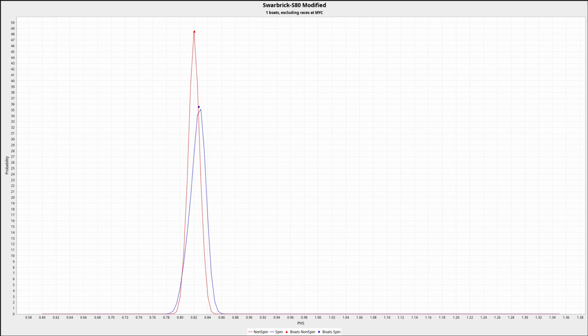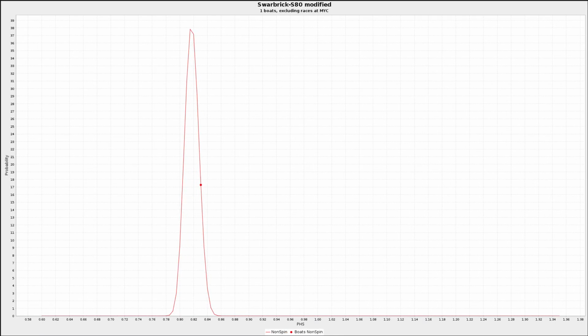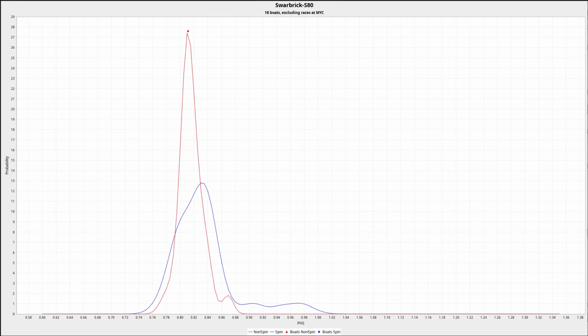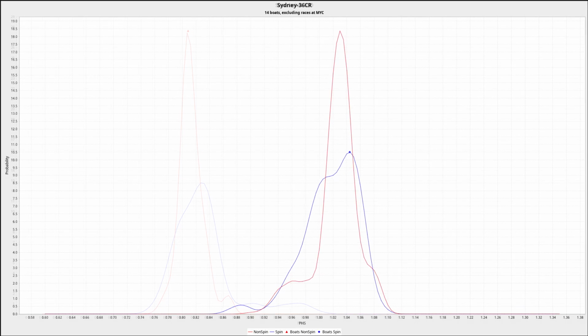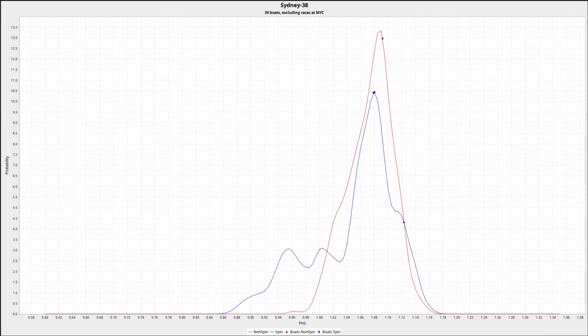Swarbricks S80 modified. The S80 modified, S80 modified, they just enter it differently all the time. Sydney 36, CR, Sydney 38, so this is Mondo. Again, no difference between their spinnaker and non-spinnaker handicaps. It's just the way clubs are handicapping them.